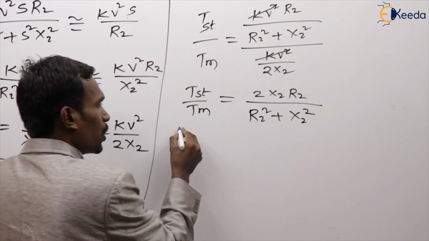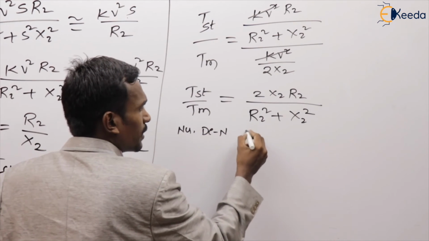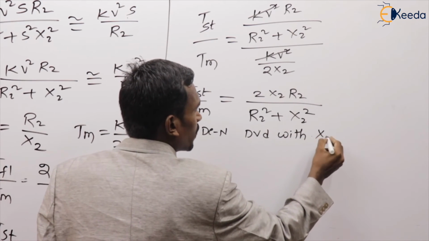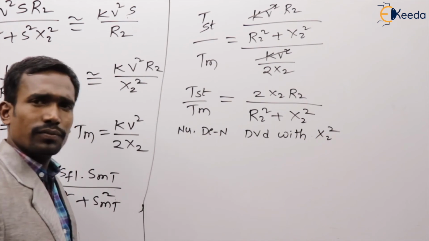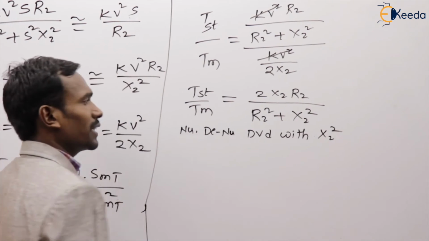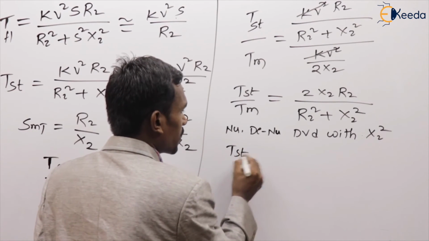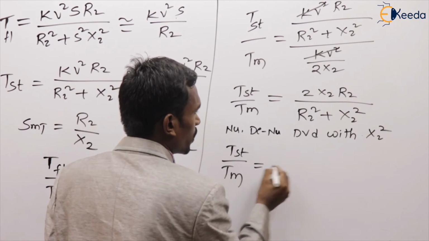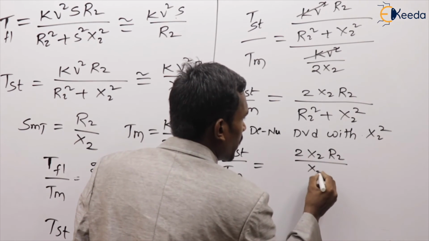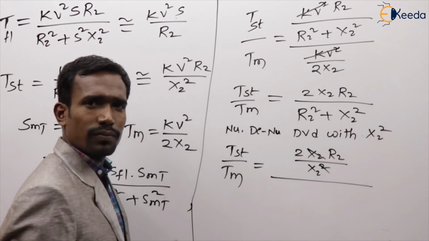What should I do? Divide the numerator and denominator by X2 square. The starting torque to the maximum torque is equal to 2 into X2 into R2 divided by X2 square. X2 gets cancelled out.